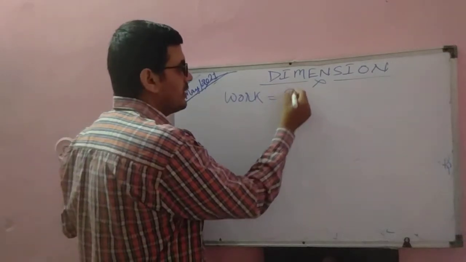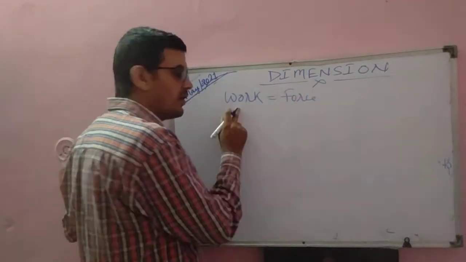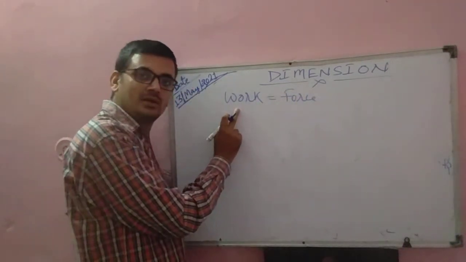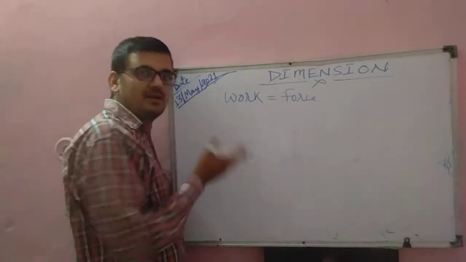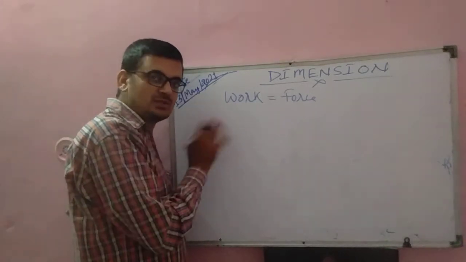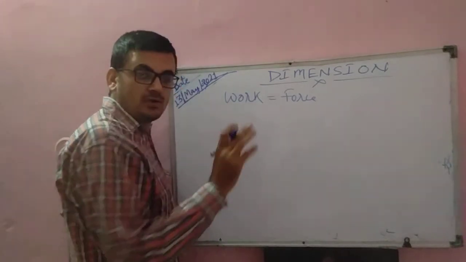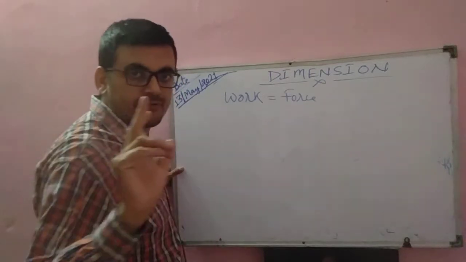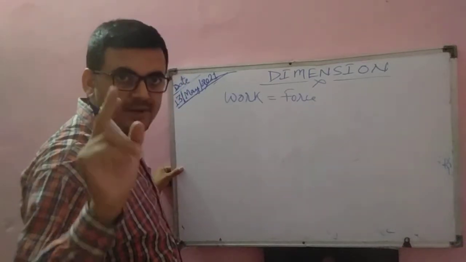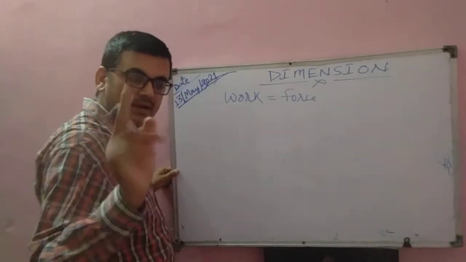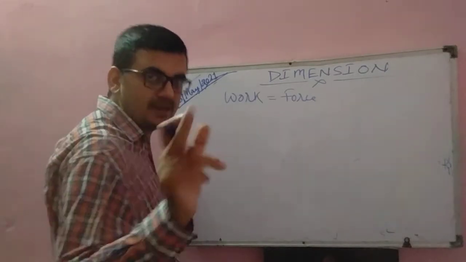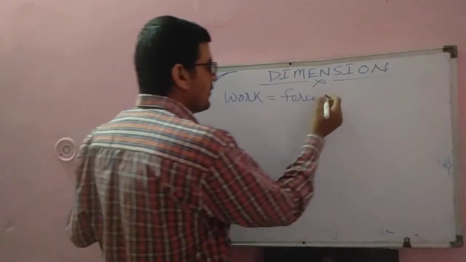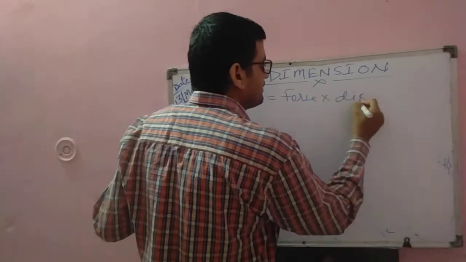So work equal to what you will write? Force into displacement. Beta, you all know its SI unit is joule. So you have two options, whether you write its unit is joule. Okay, but try to write all the units in terms of fundamental unit or in terms of fundamental physical quantity. That will be much beneficial for you.